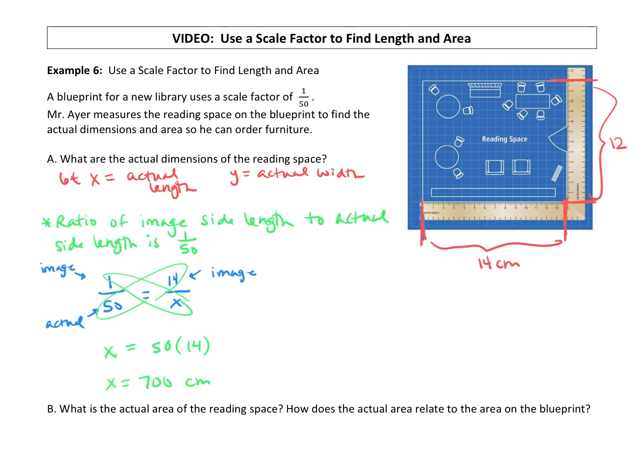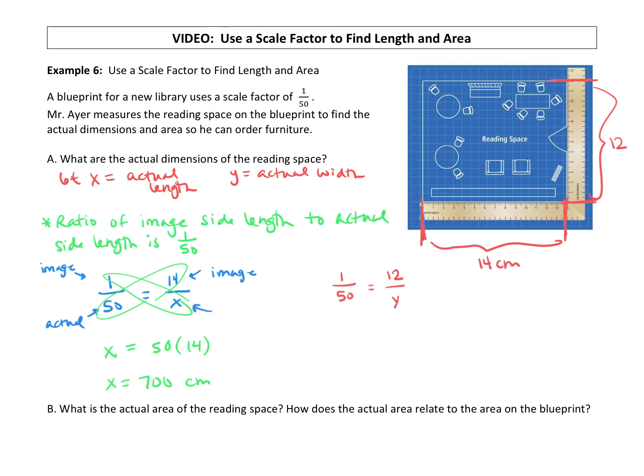Now let's set up the same thing for the width. We're going to take our scale factor 1 over 50. We know that the width of our image in our blueprint is 12. So we're going to put that across from the image width of 1. What we don't know is the actual width, and that's our y.